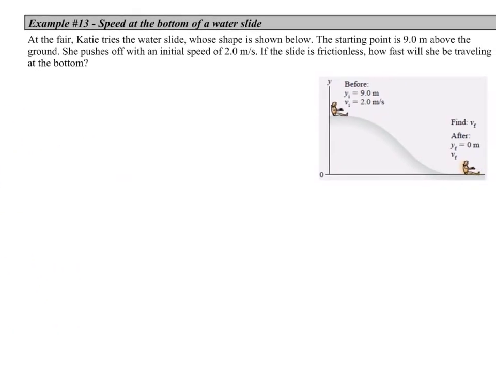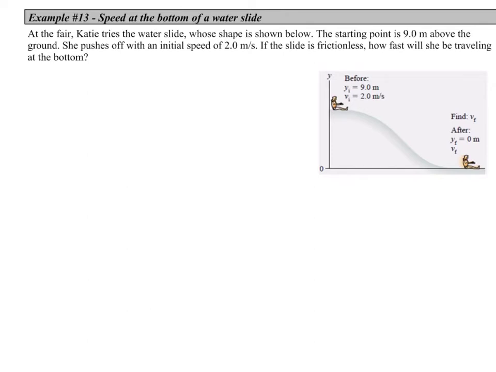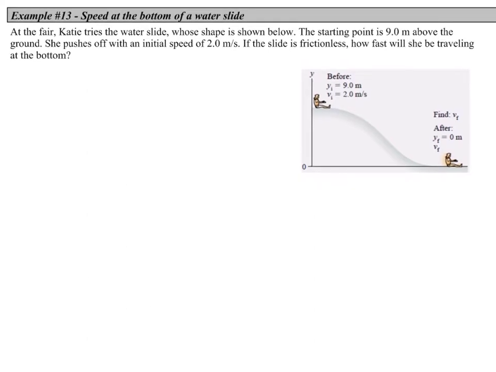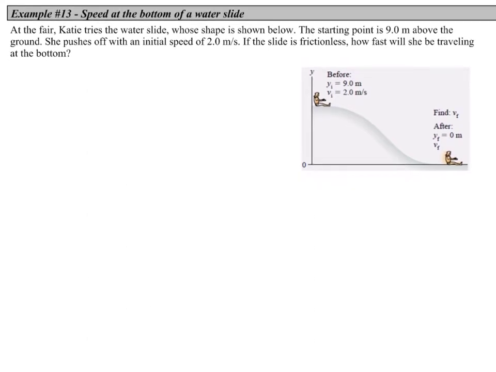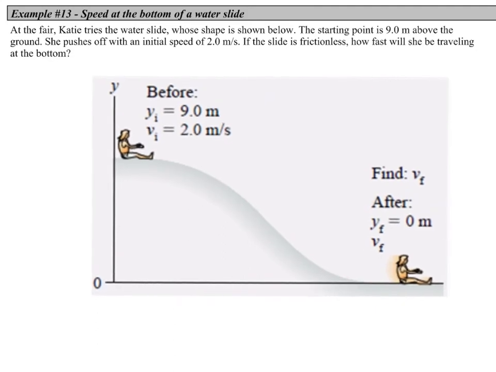Here we are at the fair and we've got Katie trying to ride the water slide whose shape is shown. The starting point is 9 meters above the ground and she pushes off with an initial velocity of 2 meters per second. If the slide's frictionless, how fast will she be traveling at the bottom? To begin here, we have to make a decision about what kinds of energy exist in each of these positions for her.